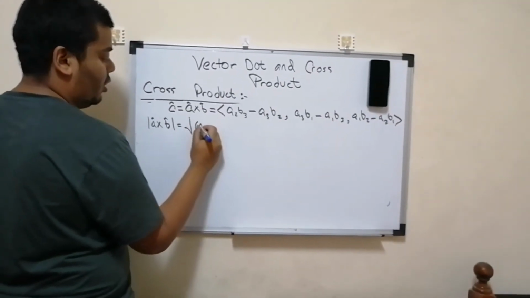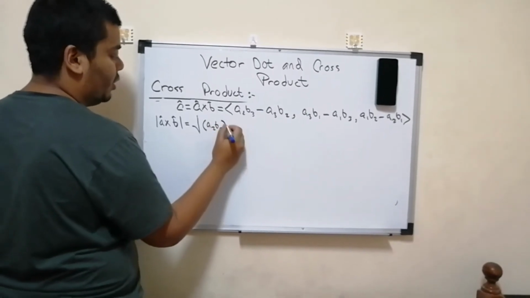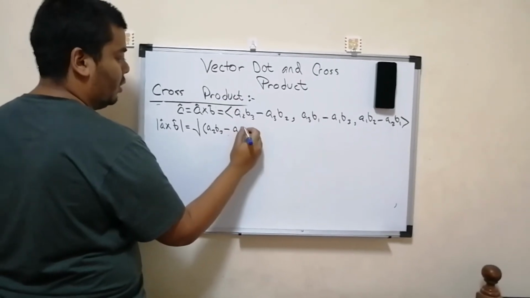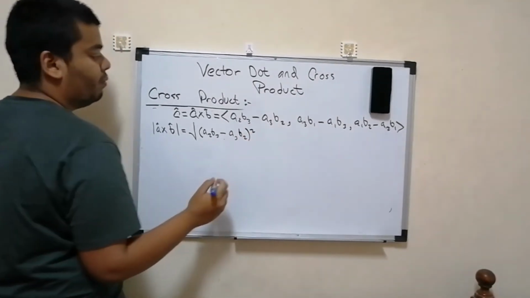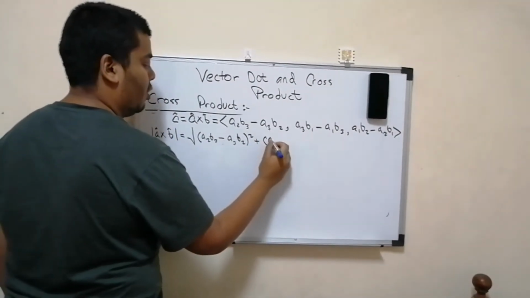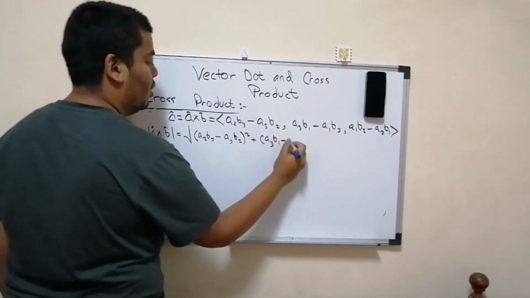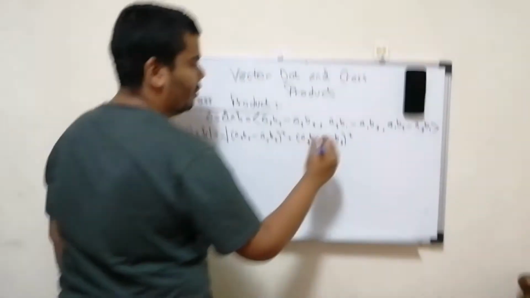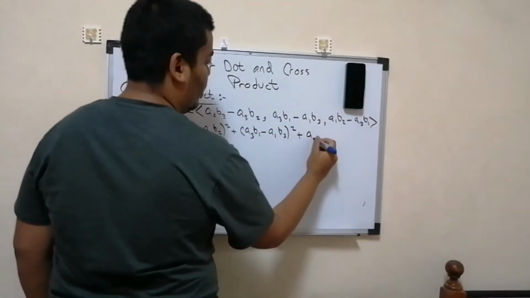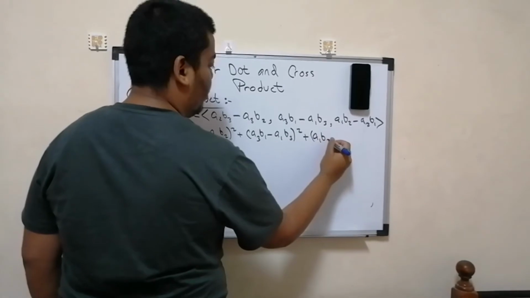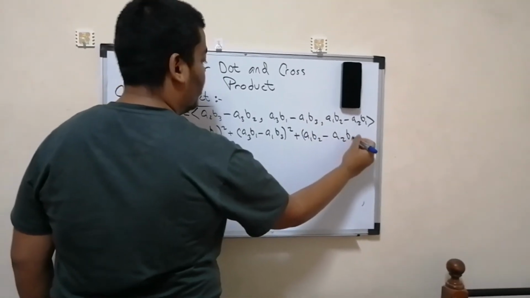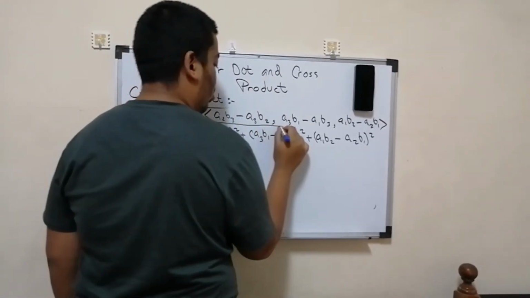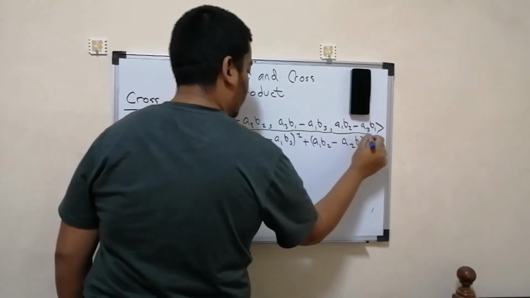So it will be the square root of (A2 B3 minus A3 B2) whole square, plus (A3 B1 minus A1 B3) whole square, plus the last component, (A1 B2 minus A2 B1) whole square.